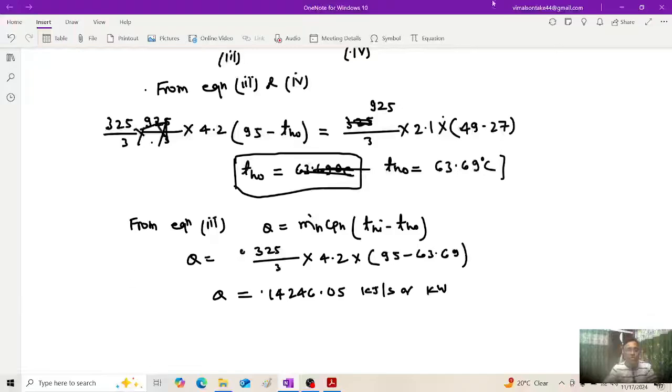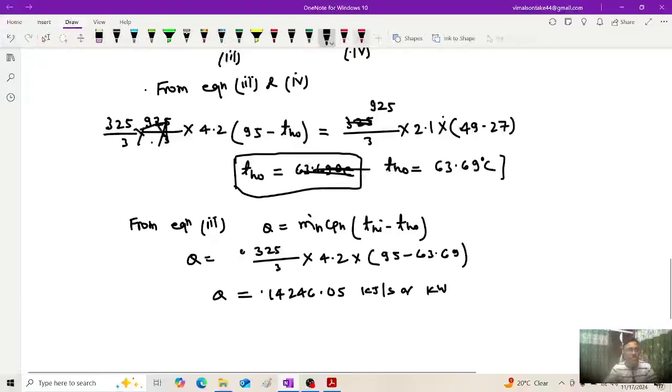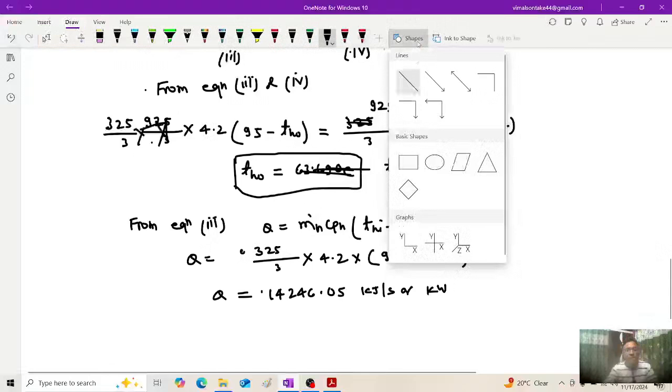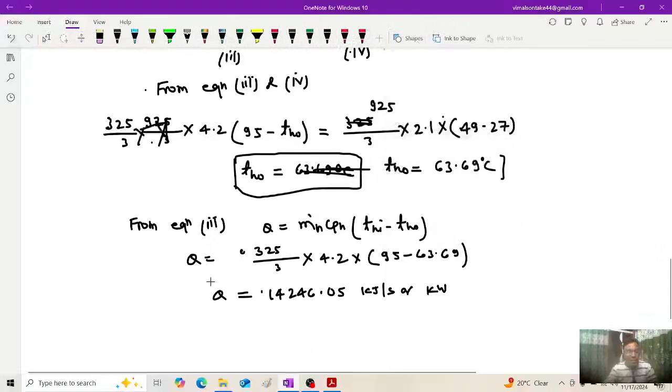So this will be the value of rate of heat transfer.